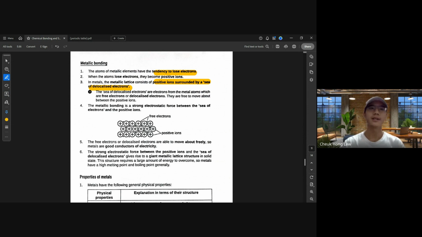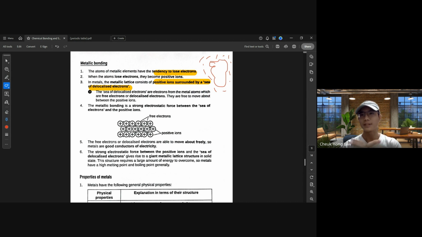So how do I picture this? Think of it like a honeycomb. My drawing is not very good, but something like this. Let's say this is a honeycomb. And then what surrounds the honeycomb? A lot of bees, right? So you have all these bees surrounding the honeycomb. I draw bees as this line over here.